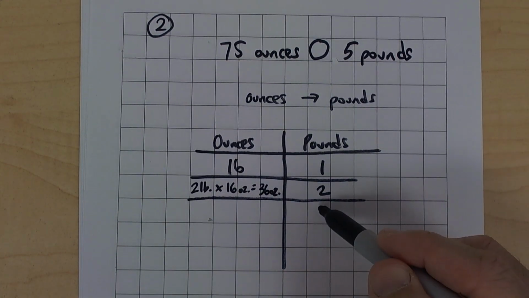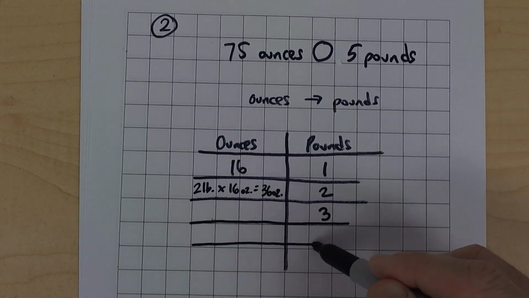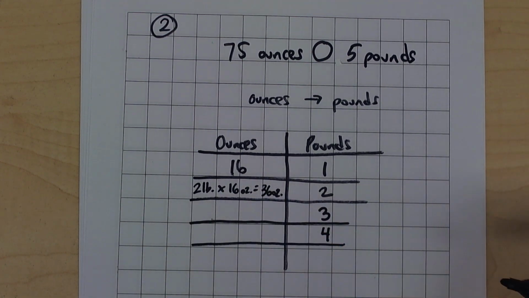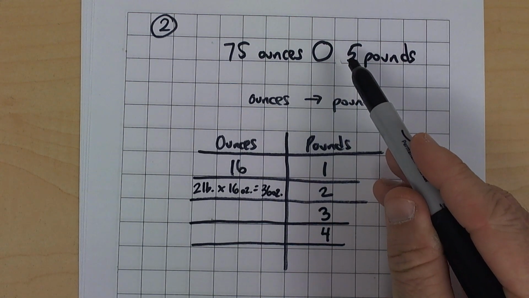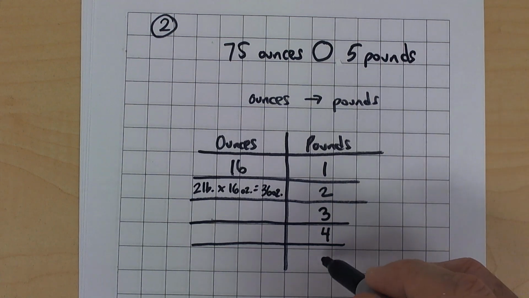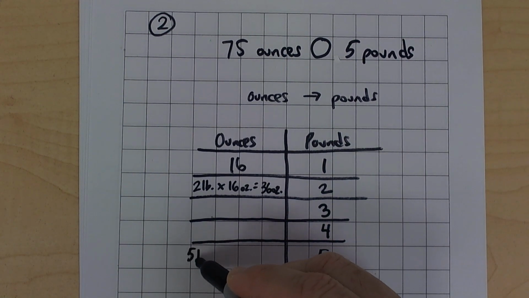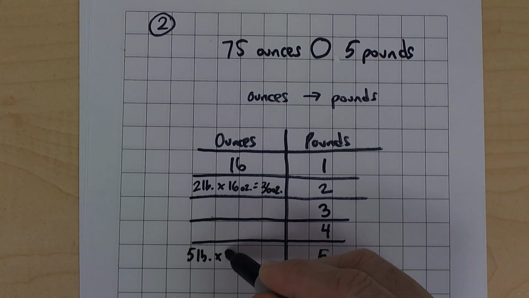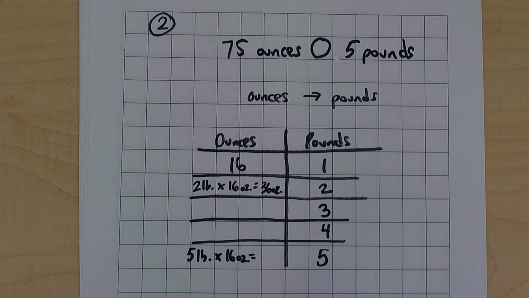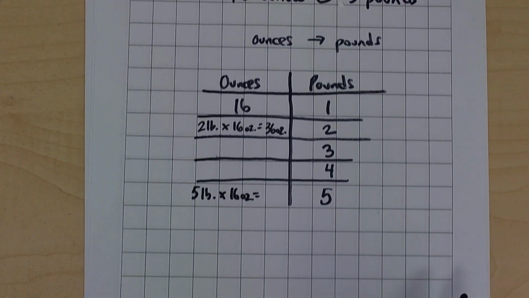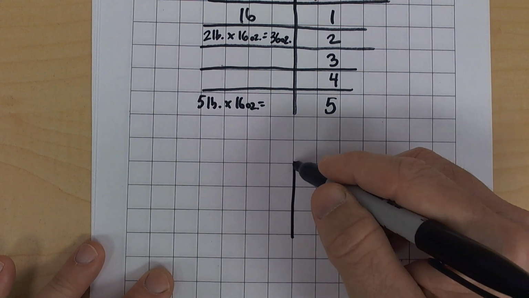Now, I could do the same thing for 3 and for 4, but I really don't need to do that because I'm going to figure out how many ounces are in 5 pounds. So I'm going to skip down to here. I'm going to do 5 pounds times 16 ounces equals what? Now that might require you to do a little work. And I know that answer in my head, but I'm going to model for you how to solve.